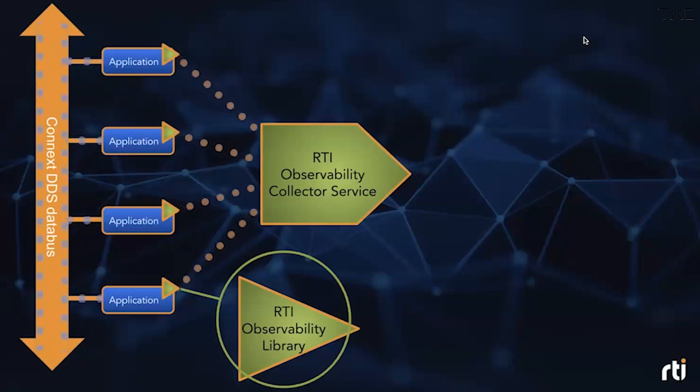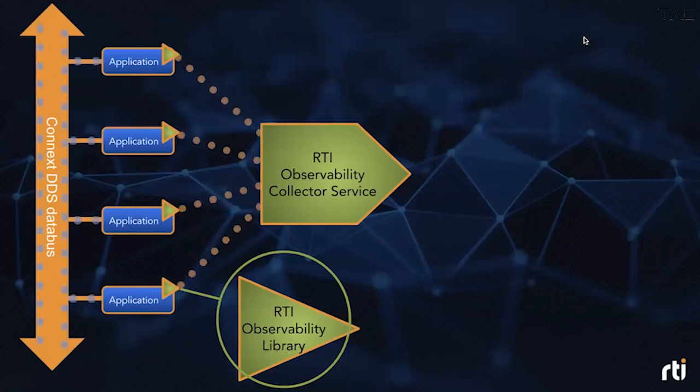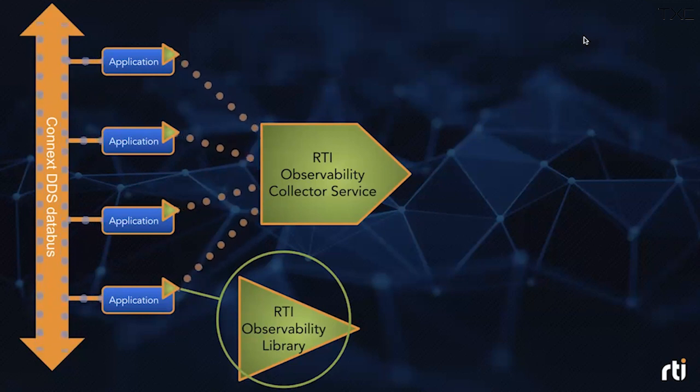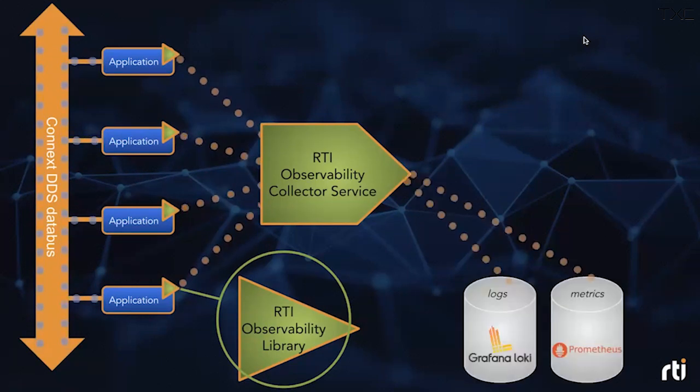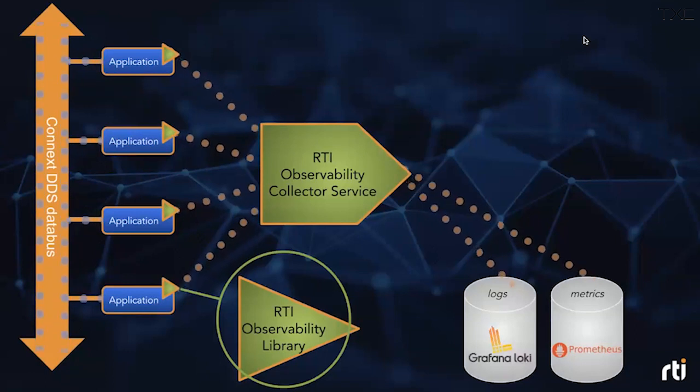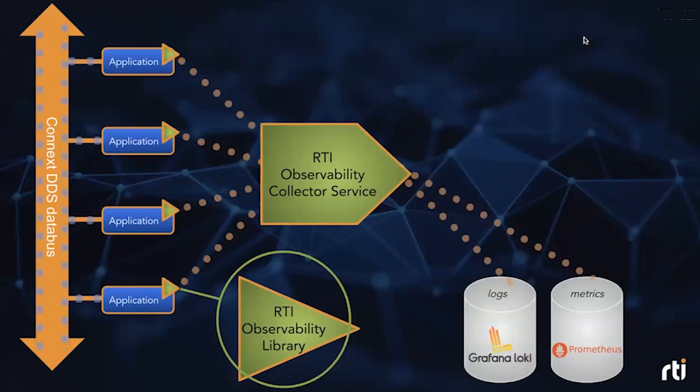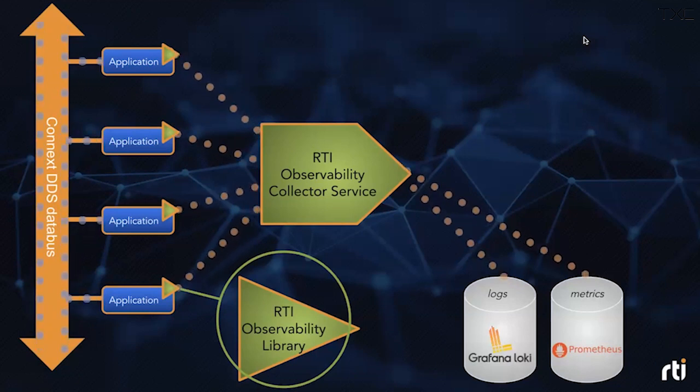So the collector service is now aggregating data coming from different applications running on the network, each application having its own instance of the observability library. And it's doing a couple of things.